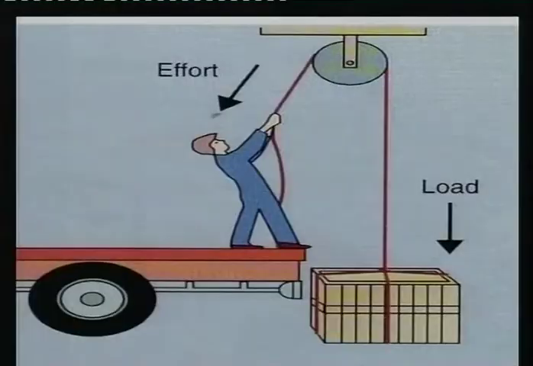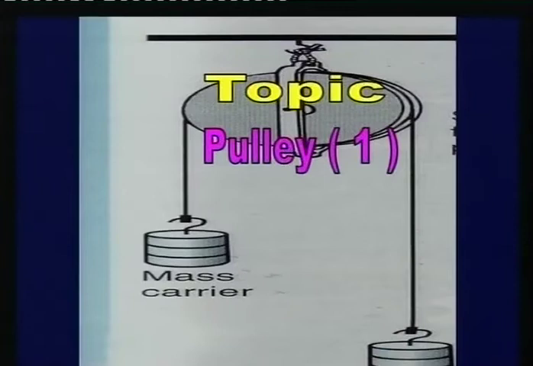It's a pulley. Now, our lesson topic is pulley, and this is the first lesson on pulley. We will have 2 more lessons on pulley as well. The first lesson that we are going to have is on single pulleys.